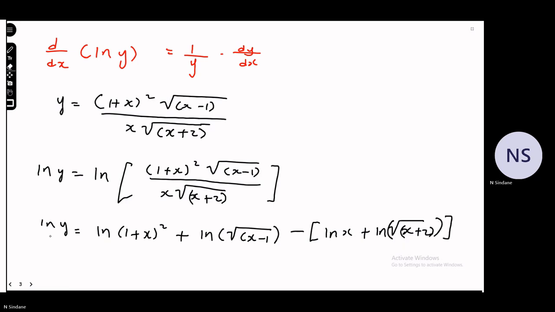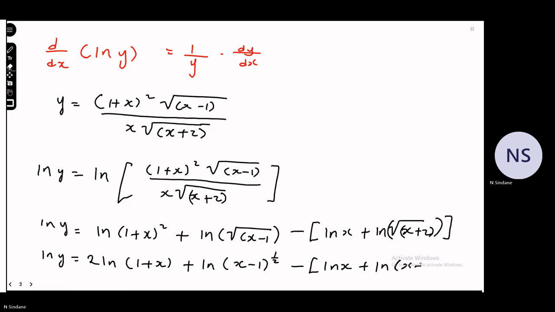Then ln of y is equals to, because of this squared, I'm allowed to say 2 ln of 1 plus x plus, I can change this to ln of x minus 1 to the power half minus ln of x plus ln of x plus 2 to the power half.